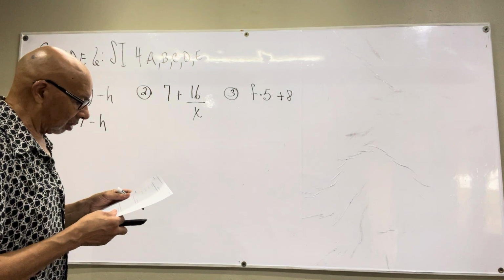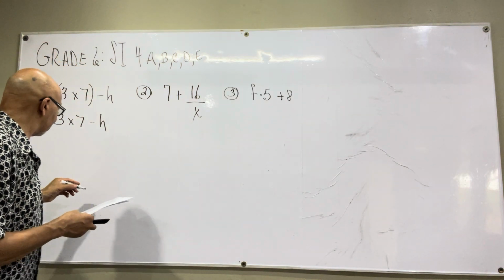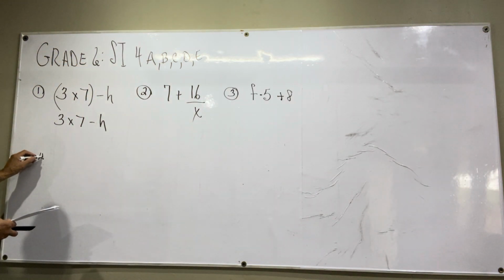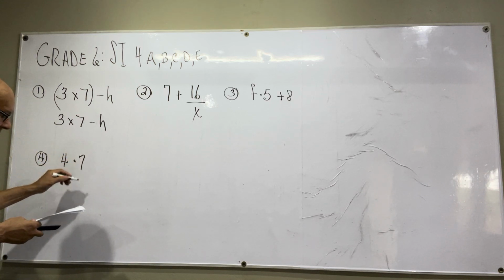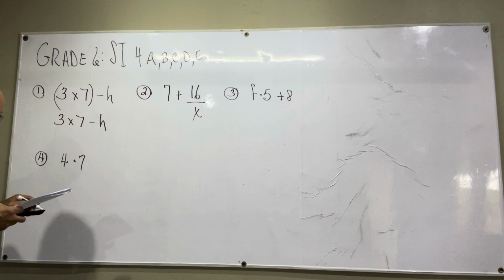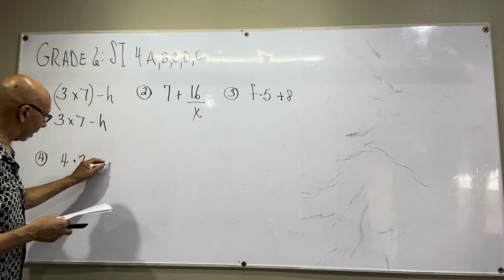So the next one says multiply 4 and 7. So let's say we have problem 4 here. Multiply 4 and 7, taking the order just the way it's written, then divide by q. So we say divide by q.